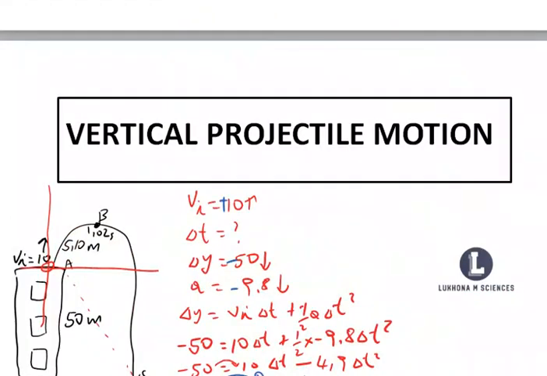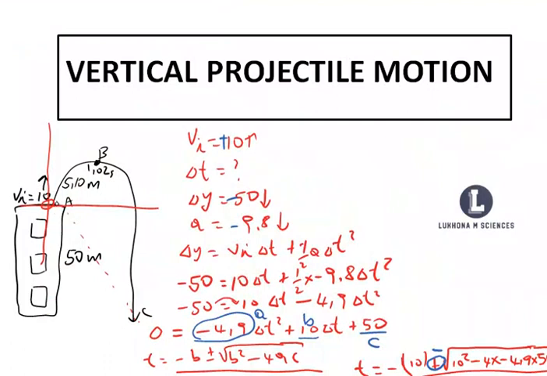But if we use the ground as the 0 reference, our 0 will be here. This is our 0. Therefore the graph will be like this.